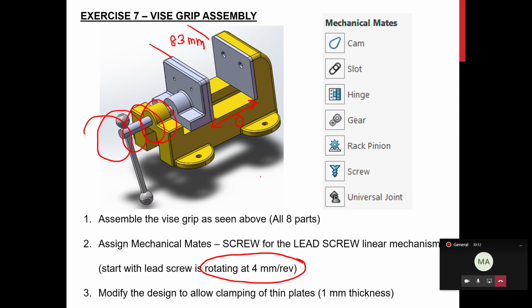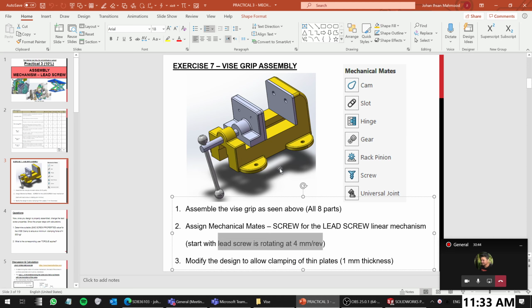Berapa? 83 divided by 4. Tekan calculator. 83 bahagi 4. 20.75 saja. Alright. So kita punya lead screw akan rotate by 20.75 revolution. Okay, so this is the data that we have.